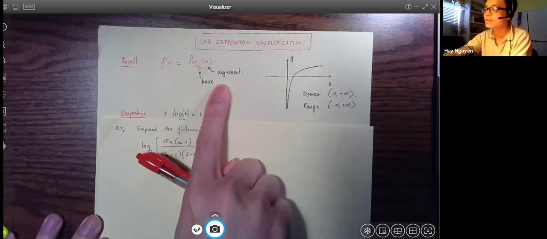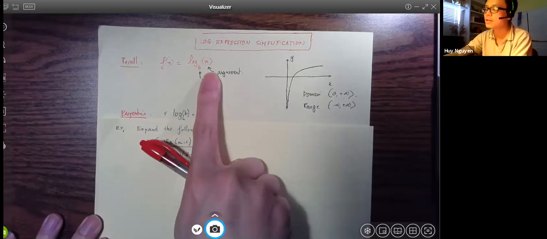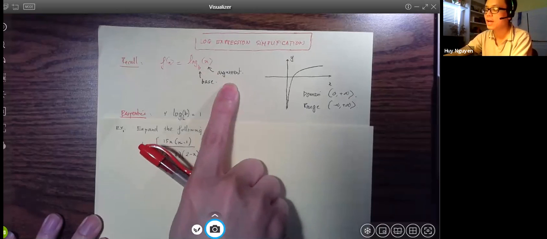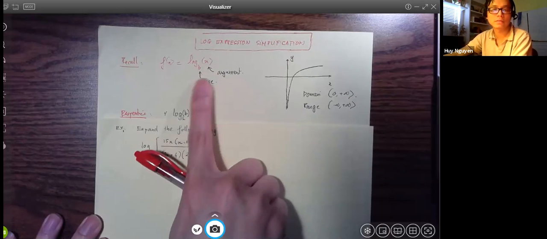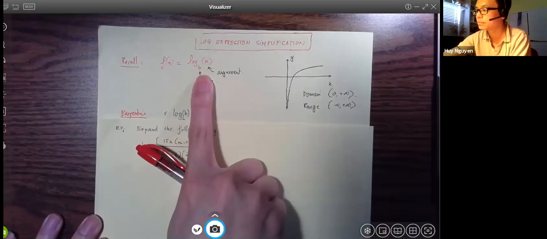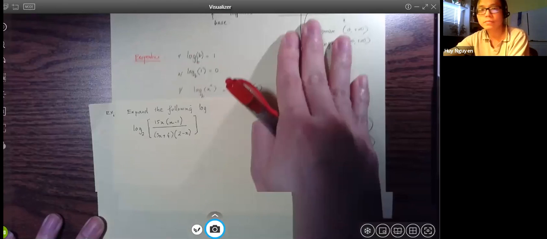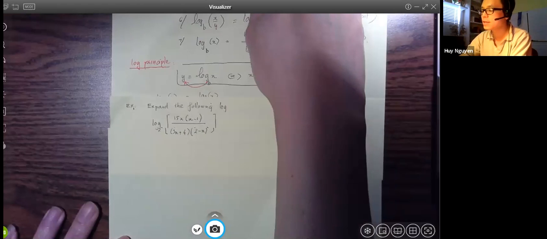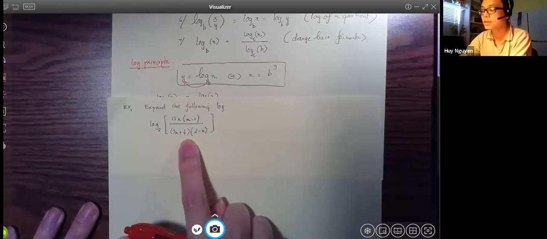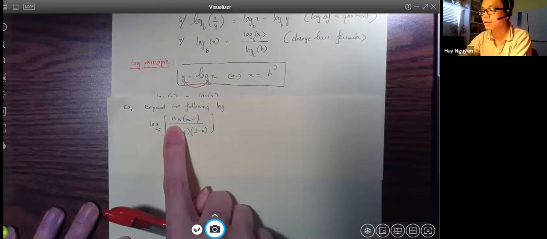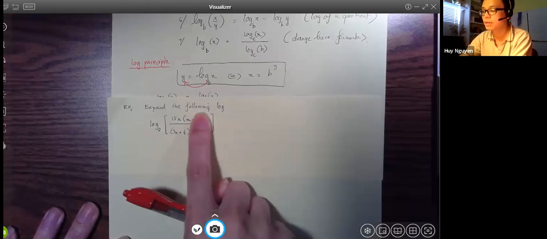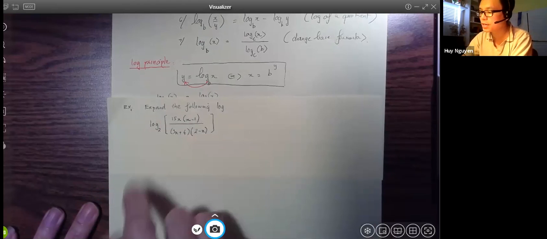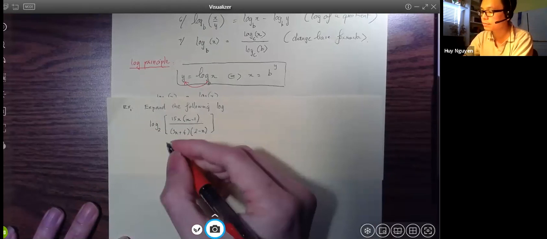Everything inside the parentheses is considered the argument, and everything outside is considered the base. So everything inside here, in this case the bracket, because the bracket covers the parentheses, is the argument.